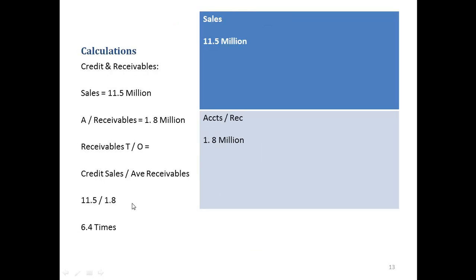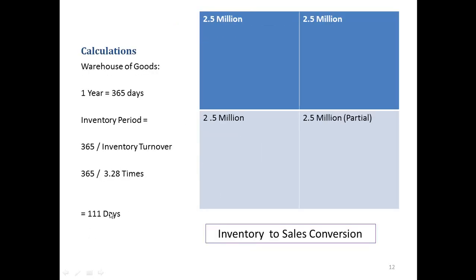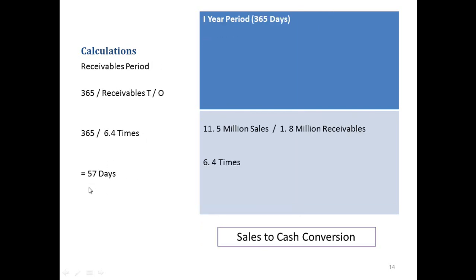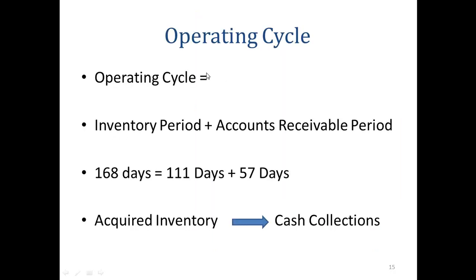Okay, that's the 57. So remember, here's the 111 days to go from inventory to cost of goods sold, to selling it. This is from sales to collecting.